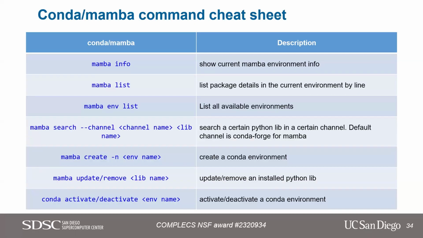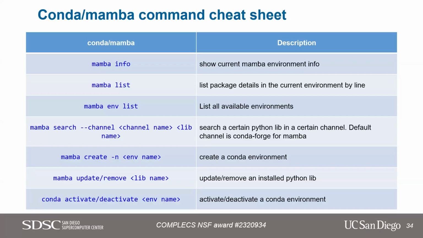And I also list conda or mamba commands that are useful when running or installing Python libraries and applications on Expanse. For example, the mamba info command can show the current mamba environment info, and the mamba list command can list package details in the current environment line by line, and a few others you may need when building your conda environment or installing any Python applications or libraries.